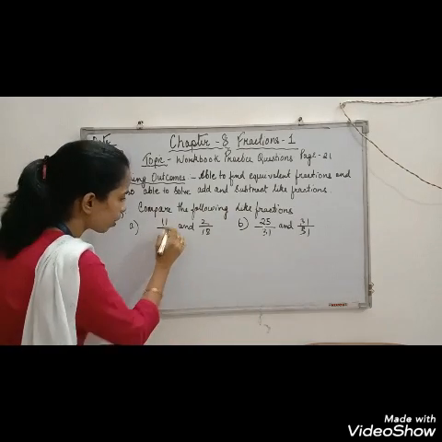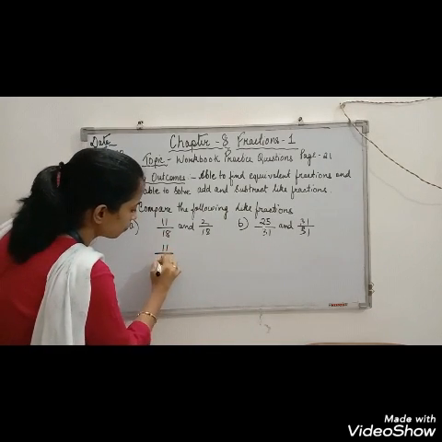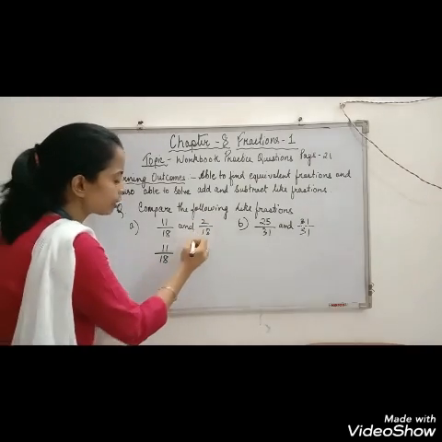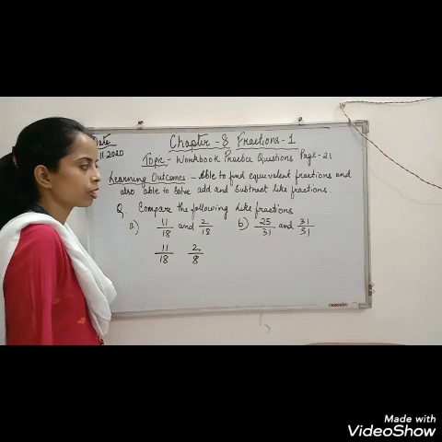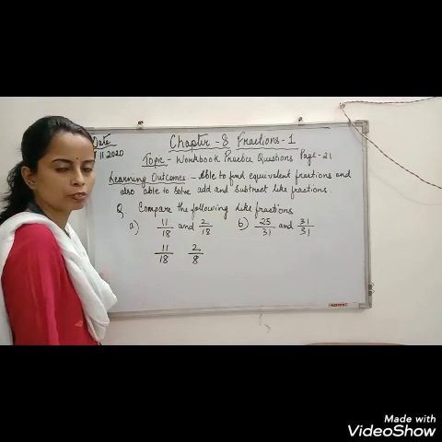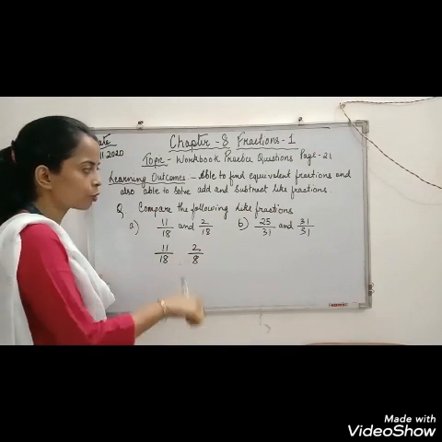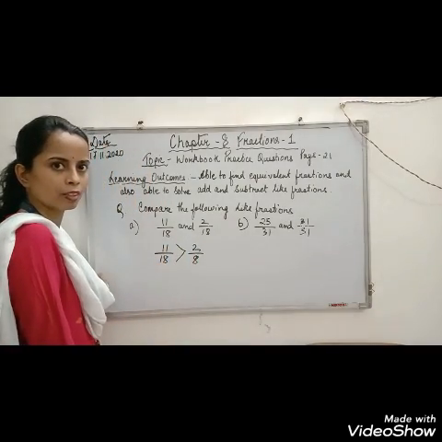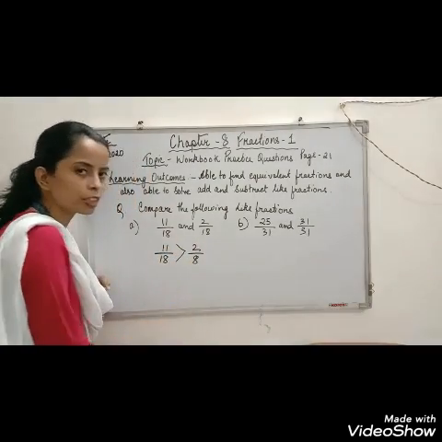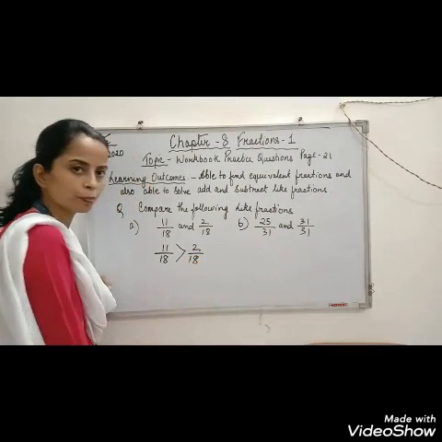So out of 11 by 18 and 2 by 18, which one is greater? 11 by 18. So 11 by 18 is greater than 2 by 18.